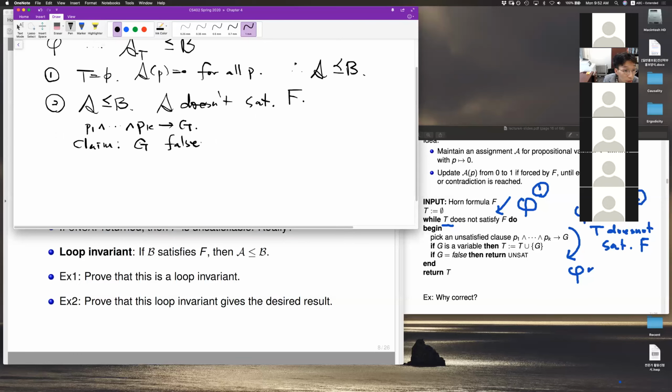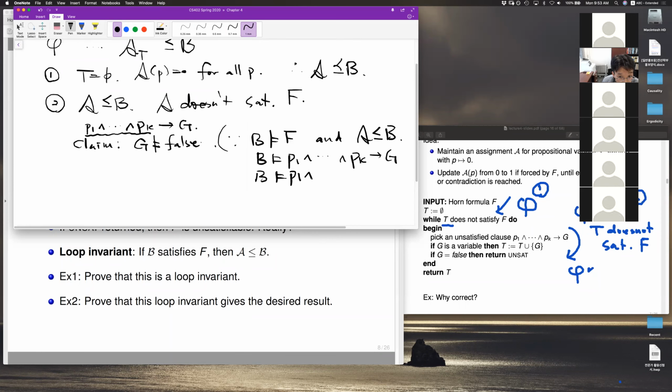So G cannot be false, and that is because we know B satisfies formula F, and A is less than or equal to B. That means B in particular is going to satisfy P1 and PK implies G. At the same time, A doesn't satisfy P1 and PK implies G. Because B is greater than or equal to A, B also is going to satisfy P1 and PK.